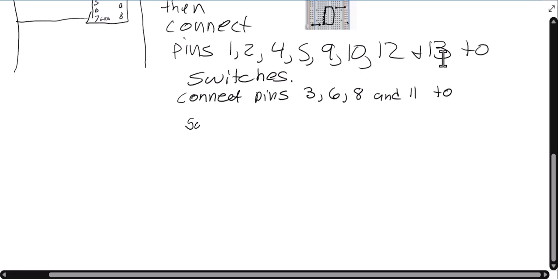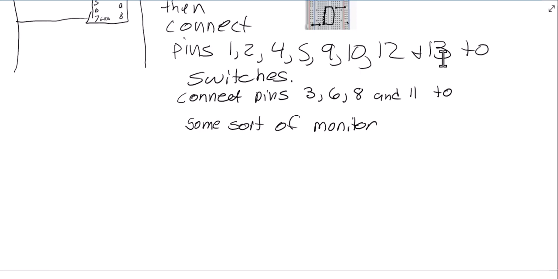So you can just say some sort of monitor. You have little lights on there, so you could connect it to an LED. And what that would mean is now you have it all set up. You've got switches attached to each input, and you've got a light attached to each output.